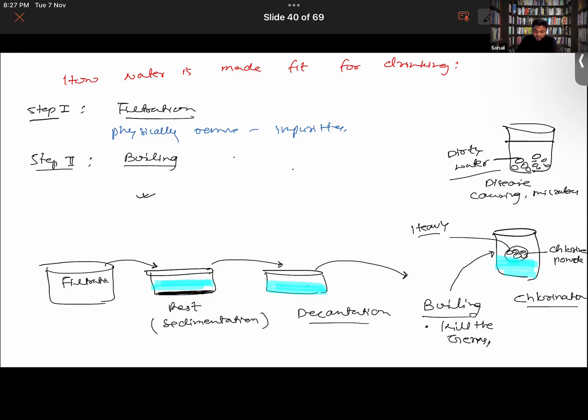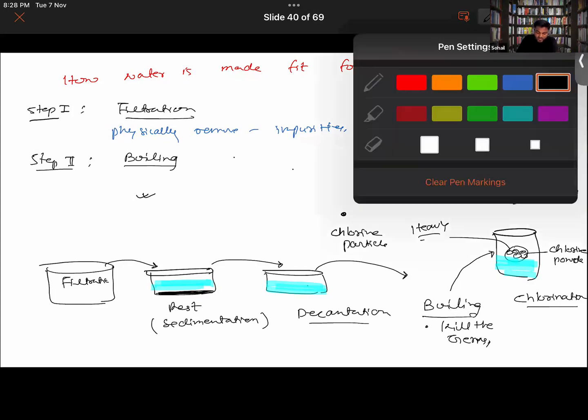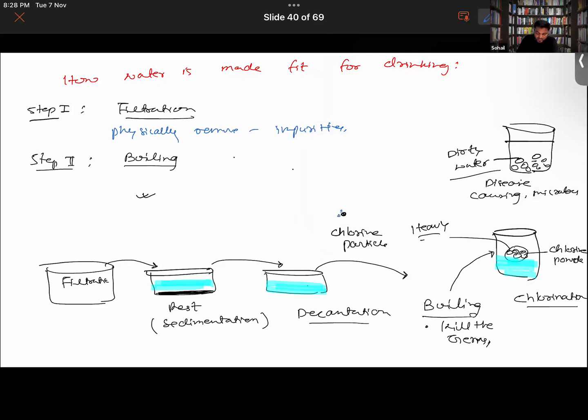Suppose there's a chlorine particle. All the dust particles or other suspended impurities will react with it. So the chlorine particle will become heavy, and when it becomes heavy, it will settle to the bottom.